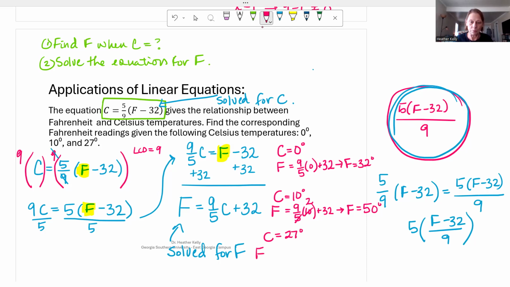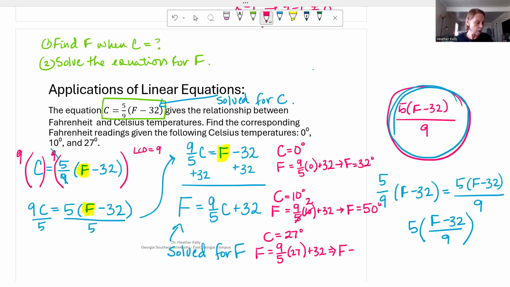This one's not going to be pretty, is it? 9/5 times 27 plus 32. Now here's the question. To calculator or not to calculator? Definitely calculator. Okay. So we've got 9/5.